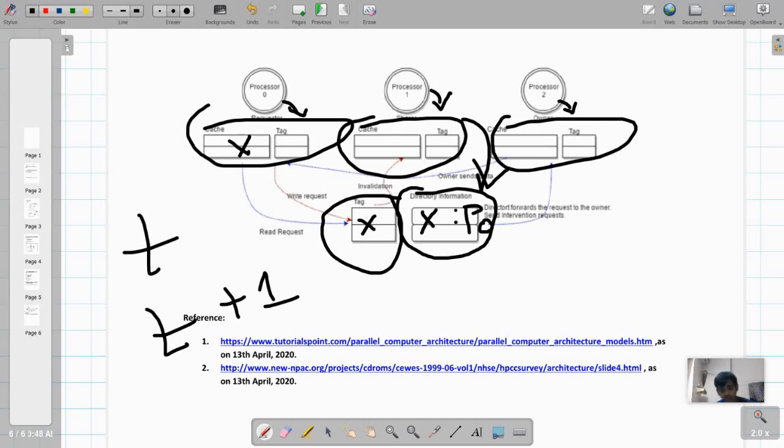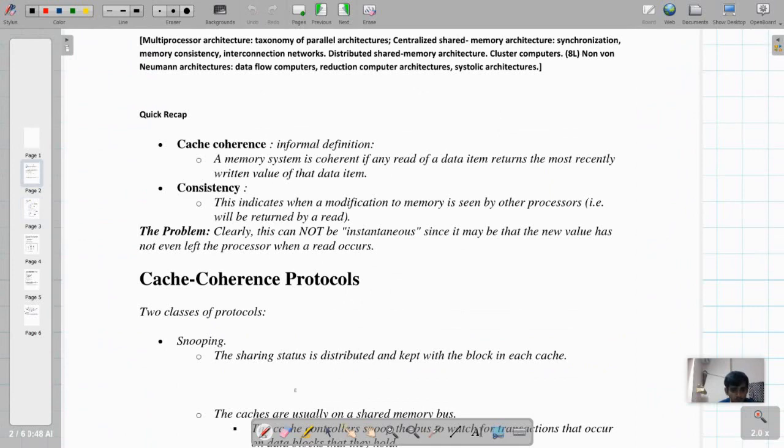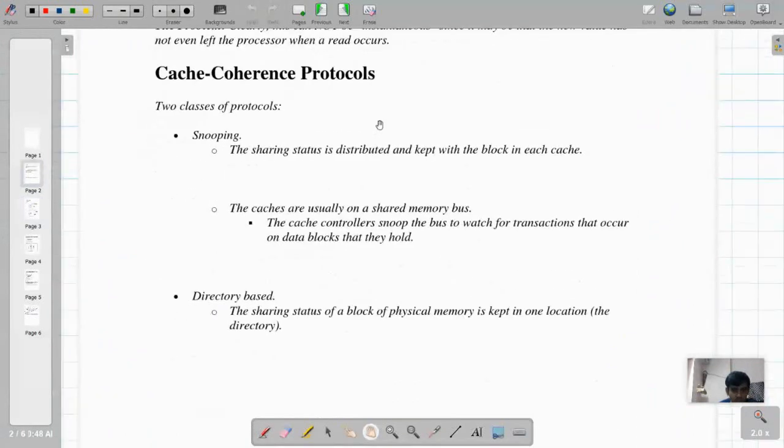In this process, you solve the coherence problem, and at the same time, you don't have to depend much on the network bandwidth. So these were the two protocols by which the cache coherence and inconsistency problems have been solved.